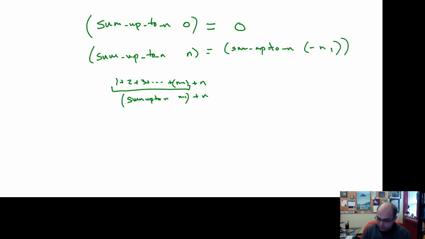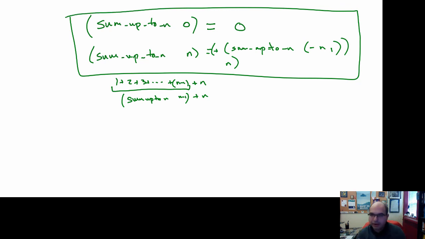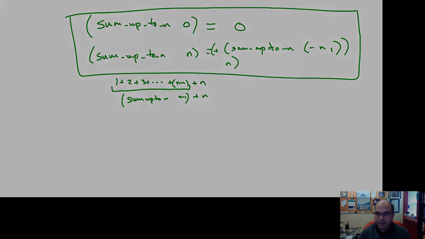We'll get that, and then we have to add n to that. So these two equations kind of capture what we mean by sum up to n. And I think you can see that in fact those equations are true, right? However our function is defined, that needs to be the case, okay?